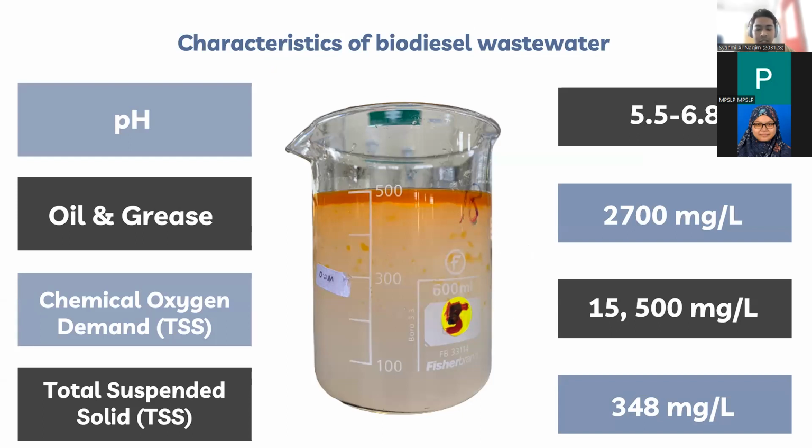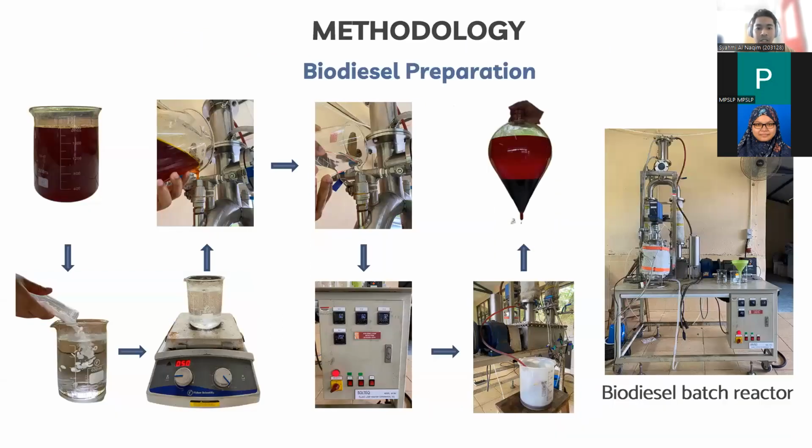While the oil and grease is about 2,700 mg per liter, the chemical oxygen demand is 15,500 mg per liter, and the last one is TSS, about 348 mg per liter. Okay, so this is the flow process of the biodiesel preparation.